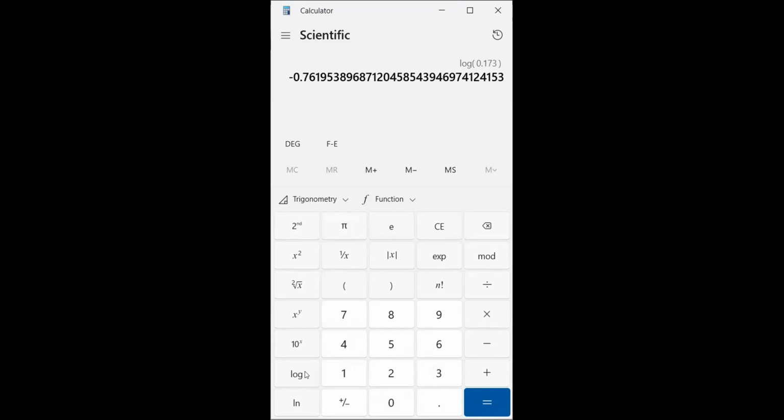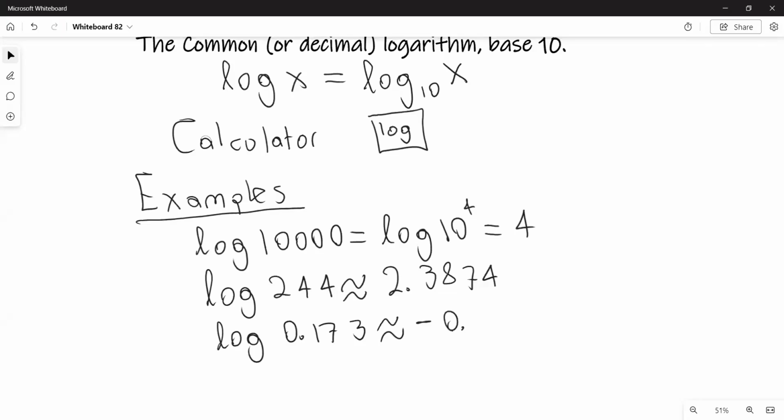The decimal logarithm, and that's going to be a negative number. So that's going to be approximately negative 0.7620. Okay, so far. Okay, so I'm going to show you an application.